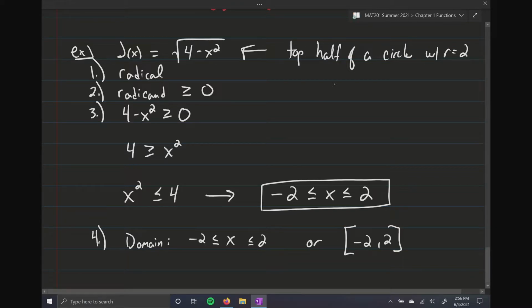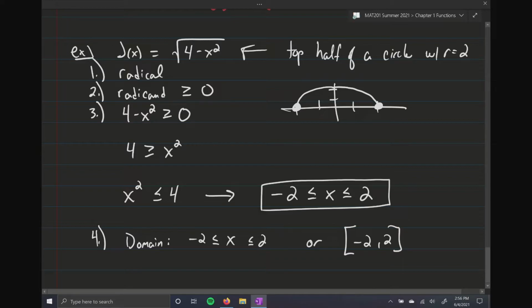So 1, 2, 1, 2. You're going to have to forgive my artistic abilities. And these are solid dots, by the way, because you can include the endpoints. I went to school for mathematics, not for art. So I am not a good artist.